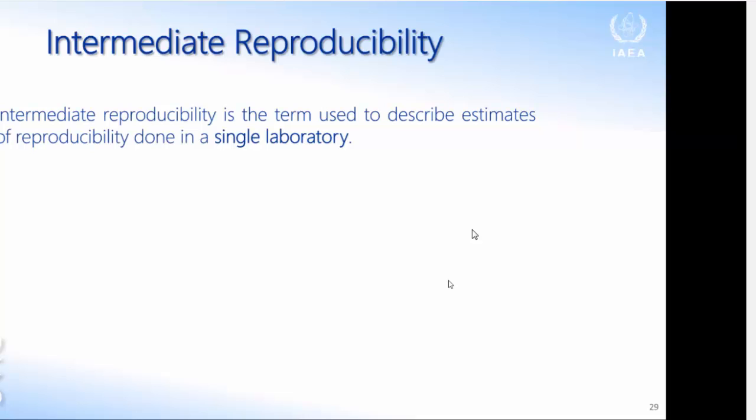Intermediate reproducibility is the term used to describe estimates of reproducibility done in a single laboratory.